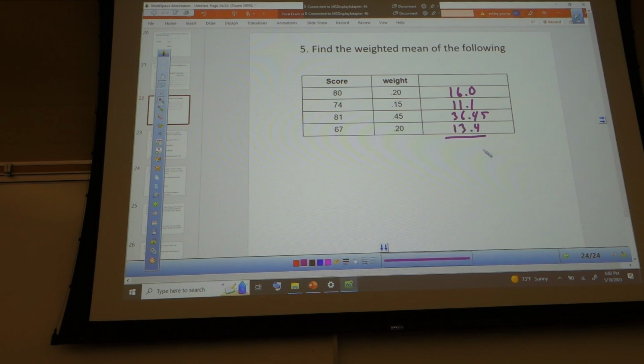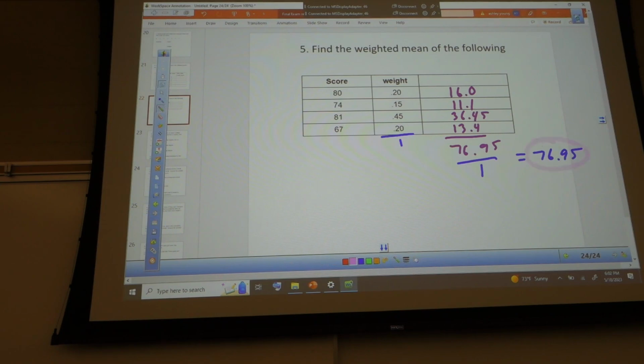And when you add them all up, you get 76.1. Then you're going to divide by the sum of the weights. Those add to 1, so I'm going to divide by 1, and I will get 76.1. That is my final answer.